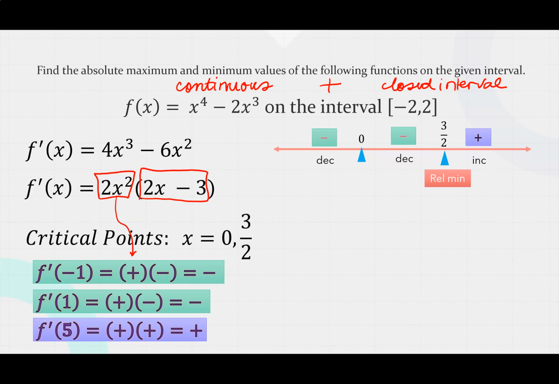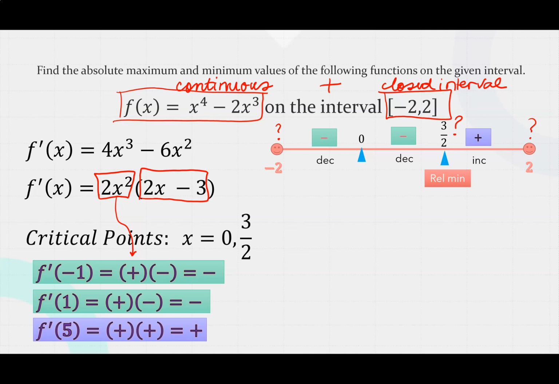So we are talking about a continuous function on a closed interval, negative 2 to 2. If there were an absolute max and absolute min, it will happen there, here, or here, at those relative min, max, or the endpoint.